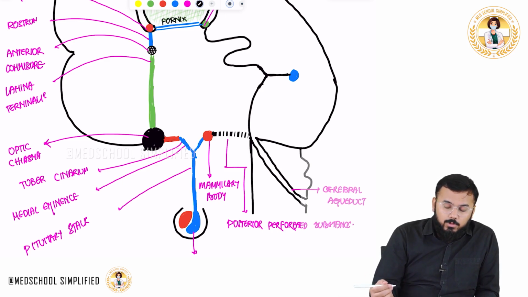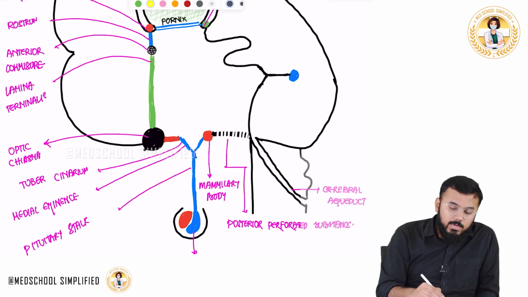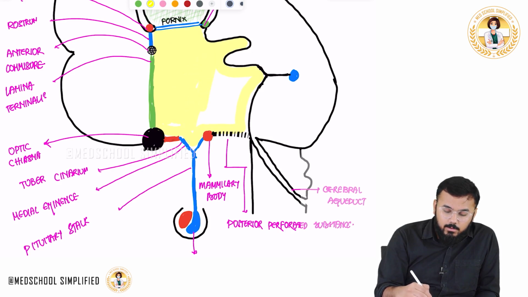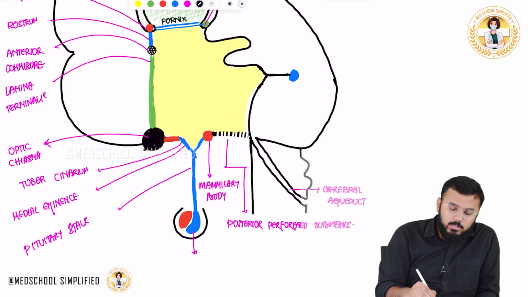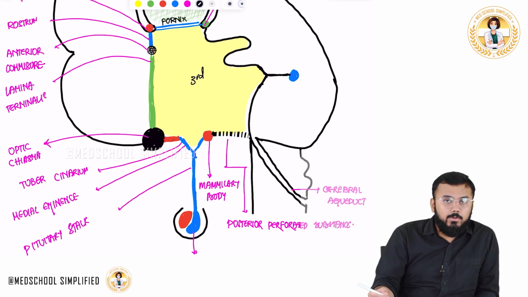Now, if you look very closely, you can clearly see a cavity that is formed over here. This cavity is nothing but the cavity of your third ventricle, which is the diencephalon. So this diencephalon is also called the cavity of the third ventricle.